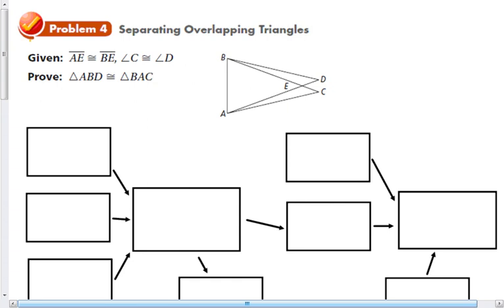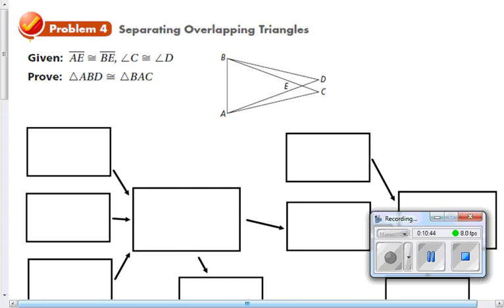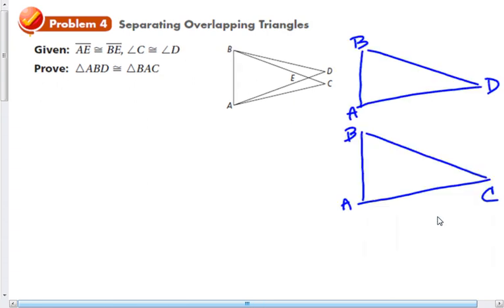All right, separating overlapping triangles. Again, I'm going to get rid of this diagram because I'm just going to do a short 2-column proof. Okay, here's my plan. I can see that AB is congruent to AB because they share that. So we got that, right?